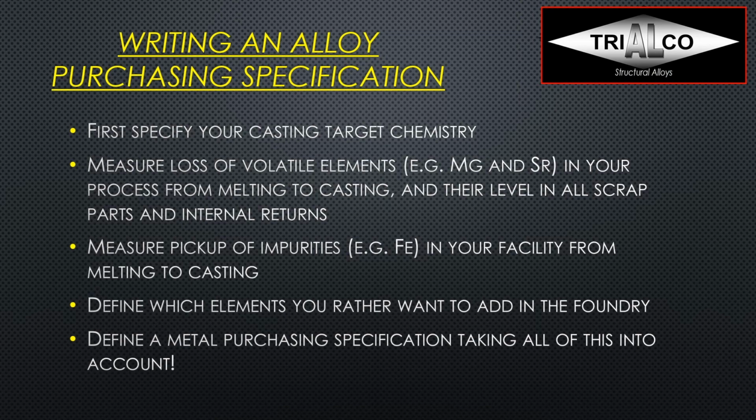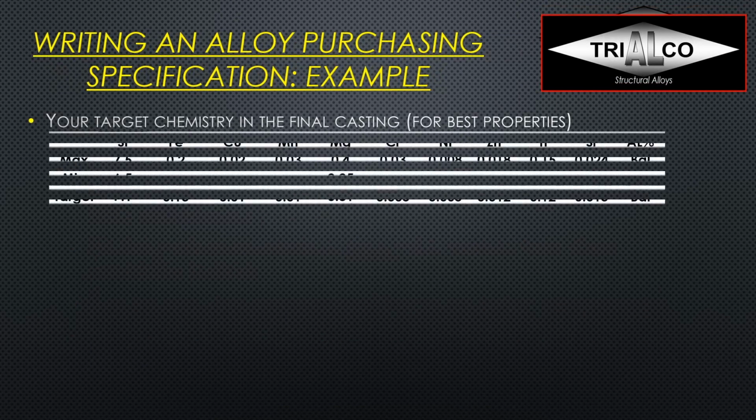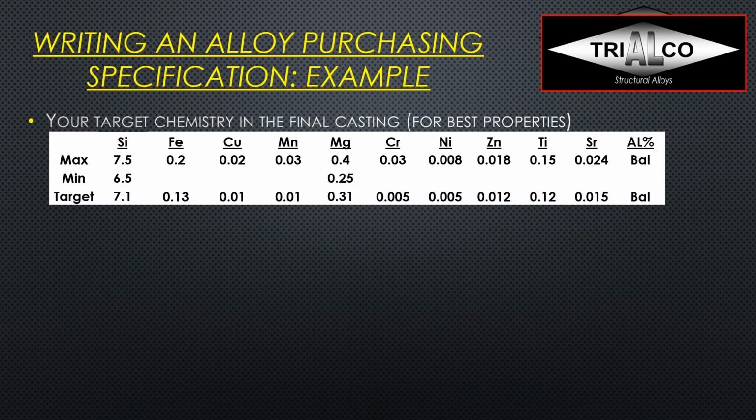So let's have a look at an example. Take this target chemistry in the final casting. Those of you familiar with castings obviously see I'm talking about an A356 here. It's 6.5 to 7.5% silicon, and let's say our target is 7%, and we have a limit on iron, copper, and manganese here. We have magnesium, a range, and a target, and so on.